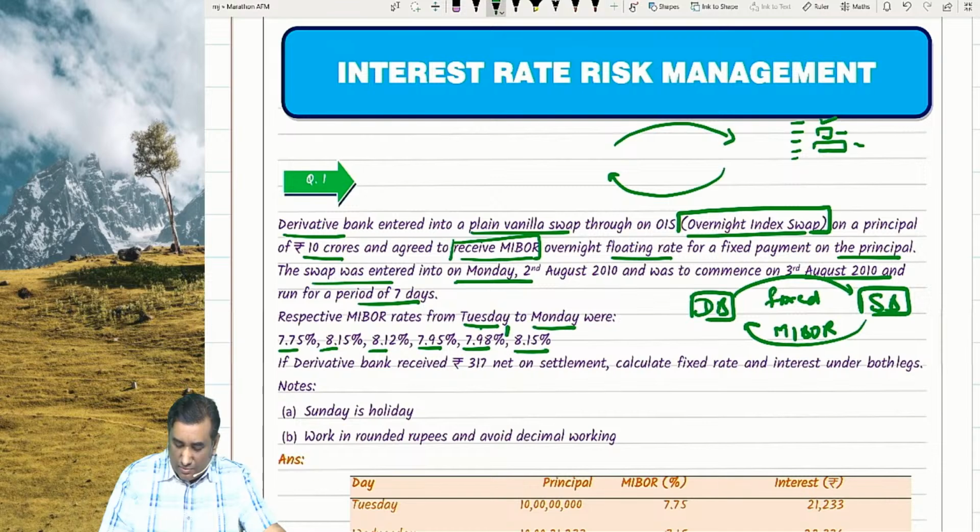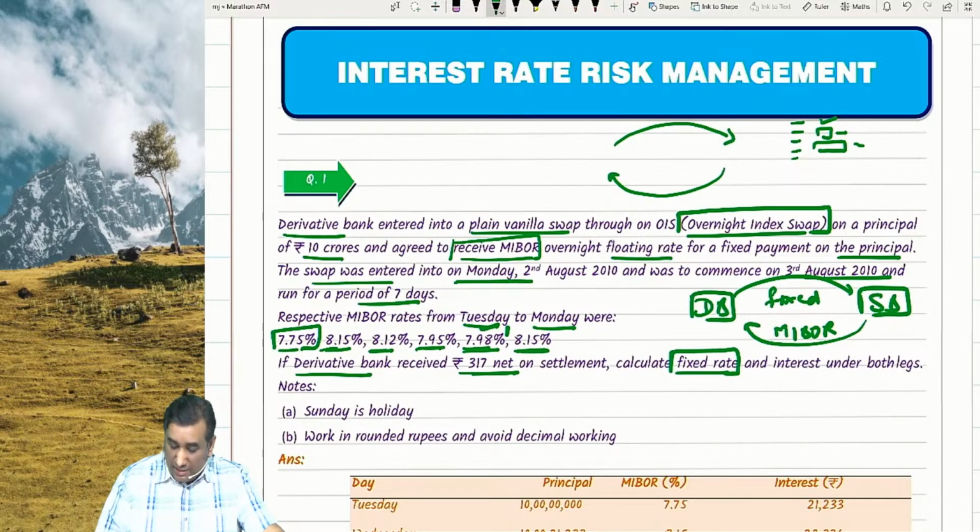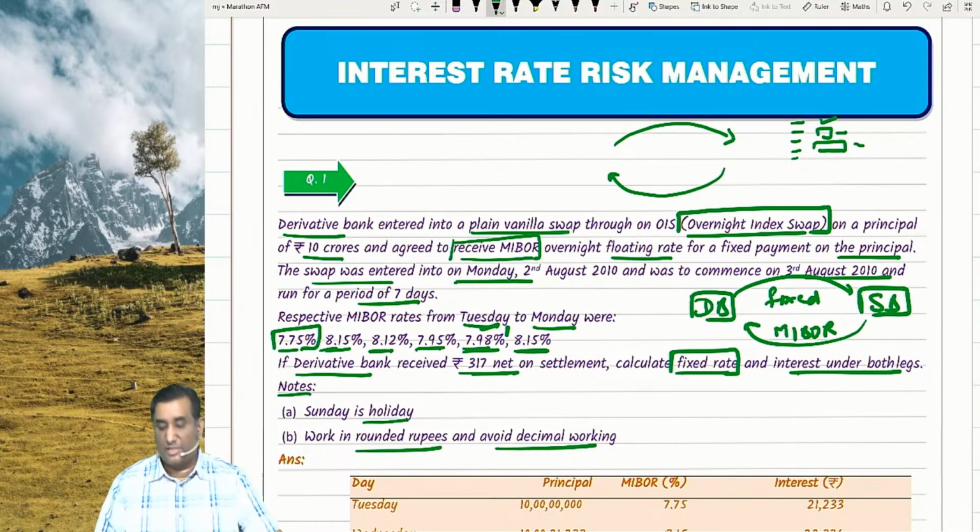Sunday was a holiday, so 7.98 will come. So Tuesday's rate would be 7.75, 8.5, 8.12, 7.95, 7.98, 8.15. If the derivative bank received 317 net settlement, calculate the fixed rate and interest under both the legs. Note Sunday is a holiday. Work rounded off, avoid decimal places.